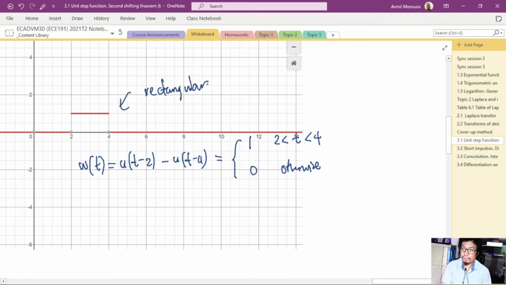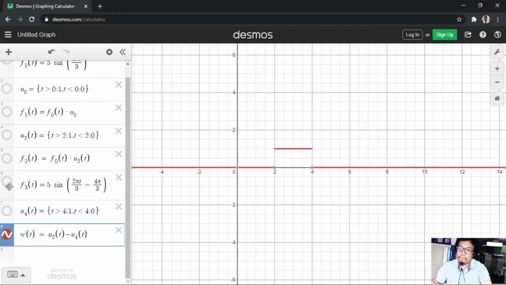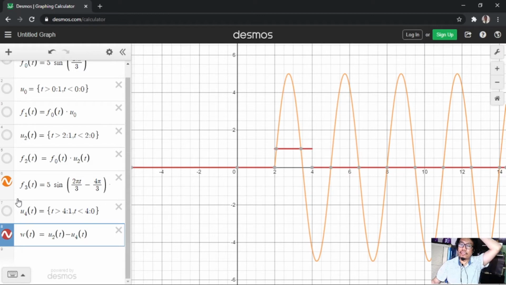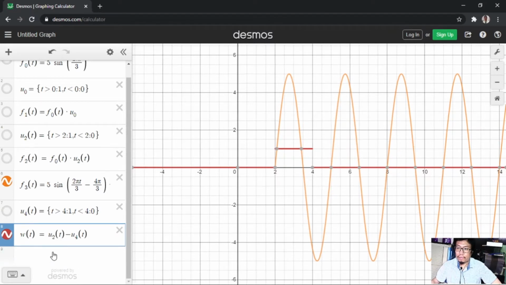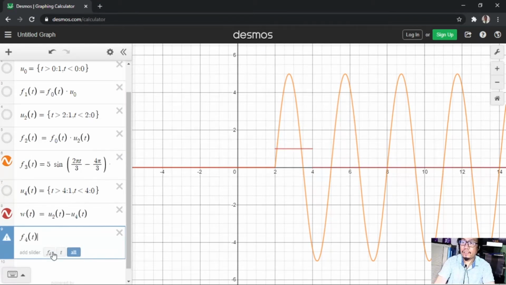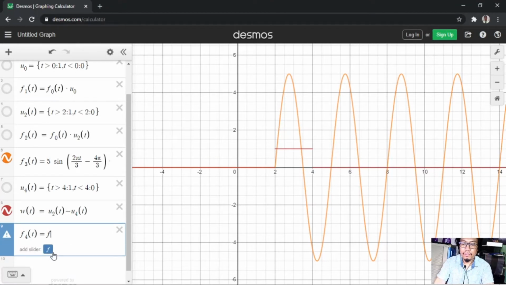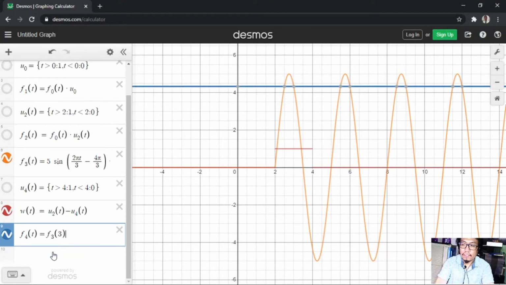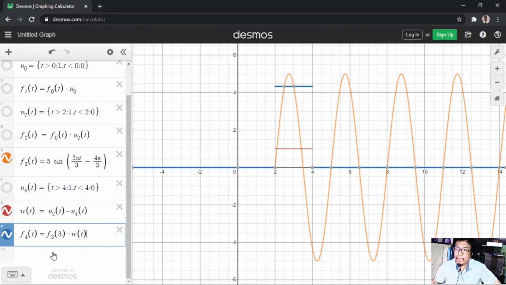Now imagine that you multiply this on, for example, a sinusoid function. Let's say in this case, you multiply this window function with your f of 3. Doing that, let's have now f4. f of 4 t, which is f of 3 t multiplied to w t.